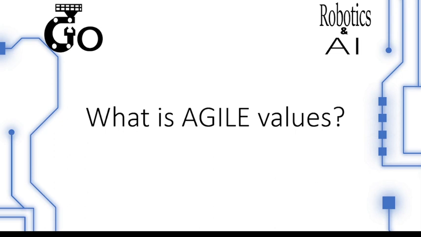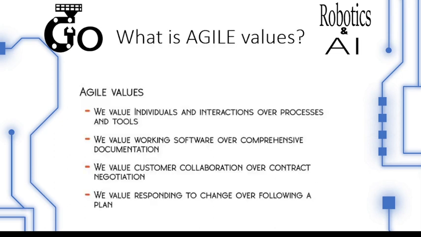So what are these values? Let's see. In order to highlight these 4 values, these are the 4 values. The first one is: we value individual and interaction over processes and tools.